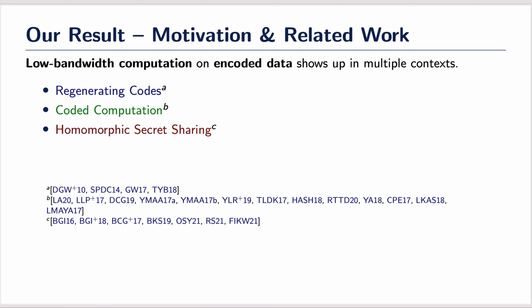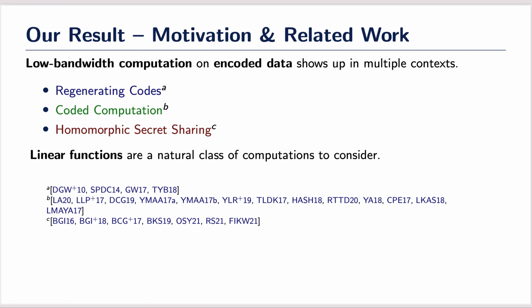So you need to recover that node's code word symbol by making queries to all the other nodes, right? And that's just a special case of computing a linear function, because for a linear code, the code word symbols are themselves linear functions of the message symbols. So our work, in that sense, directly generalizes regenerating codes.